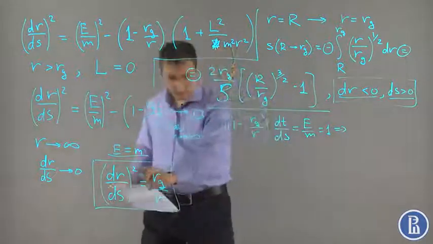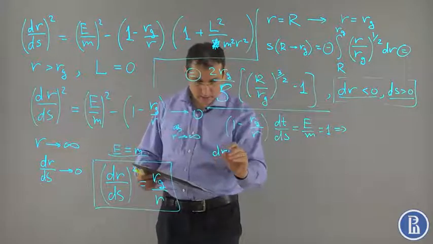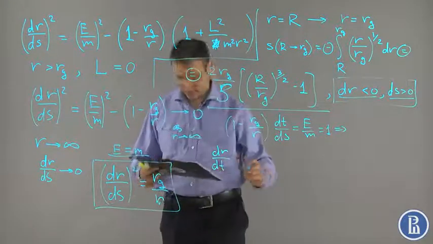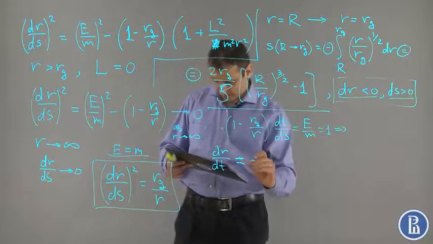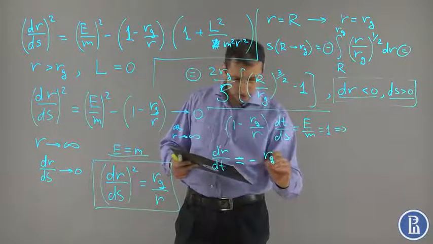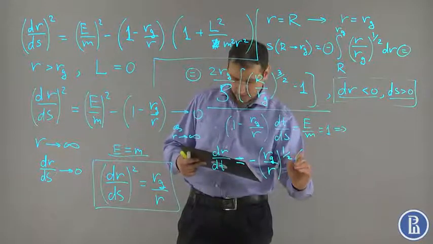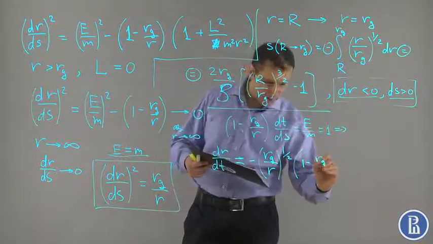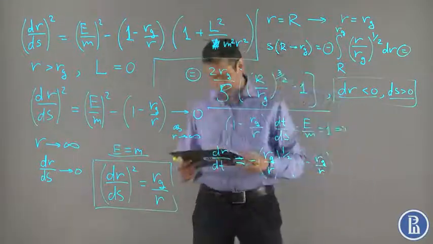Using this and this, we can find that dr/dt is equal to −(r_g/r)^(1/2)(1 − r_g/r). The minus sign is there again for the same reason.